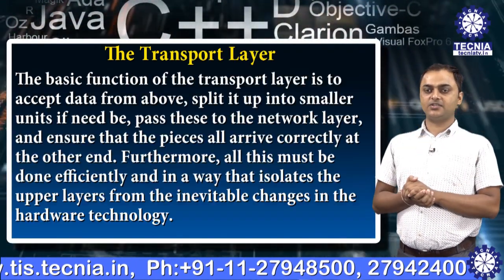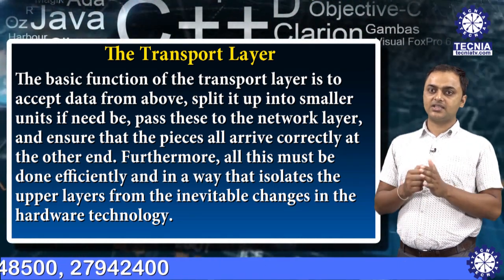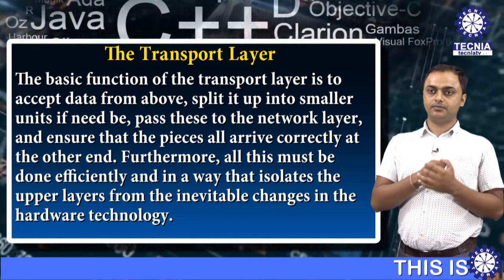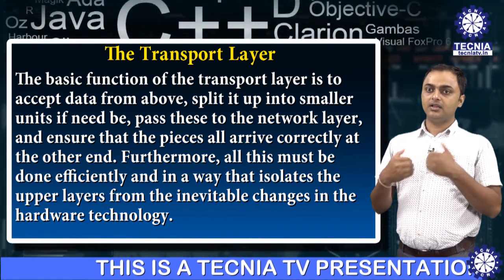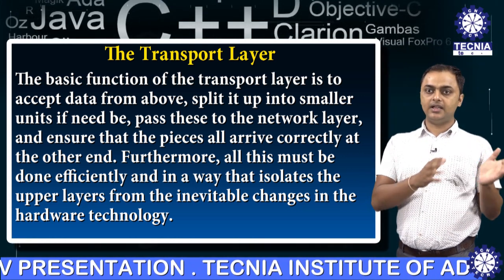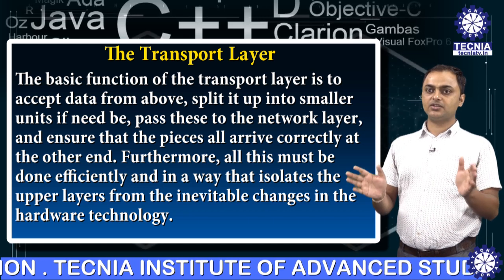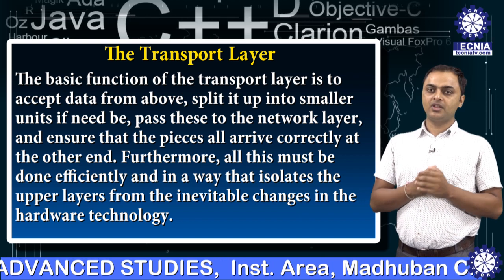Next layer is the transport layer. The basic function of the transport layer is to accept data from above, split it into smaller units if needed, pass these to the network layer, and ensure that the pieces all arrive correctly at the other end.